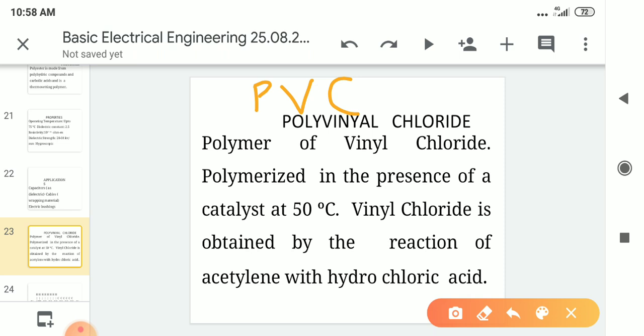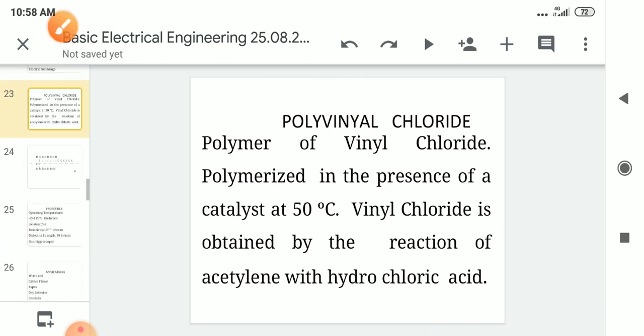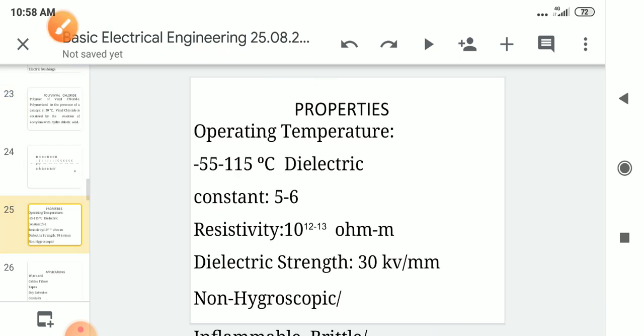So what properties do we observe by studying this? It is rigid, hard and a little flexible. We also said that it does not react with oxygen, right? By that we observe it never gets corrosion.